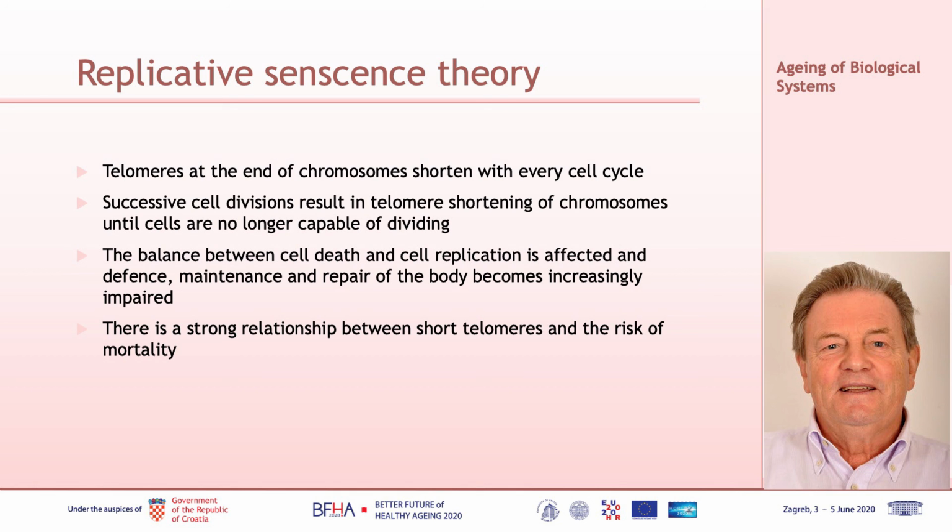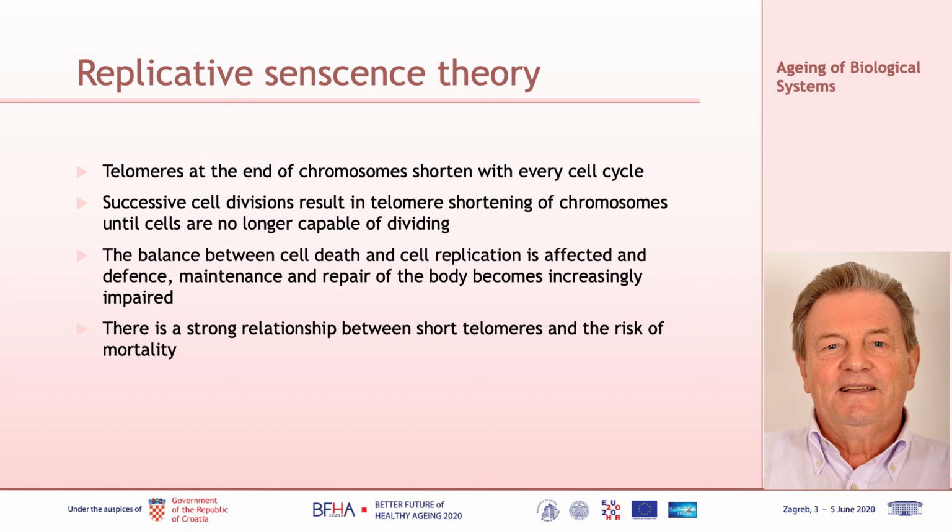This is a result of the replication history, but also of a number of factors like cumulative oxidative stress and chronic inflammation acting on progenitor cells. Successive cell divisions result in telomere shortening of chromosomes until cells are no longer capable of dividing.